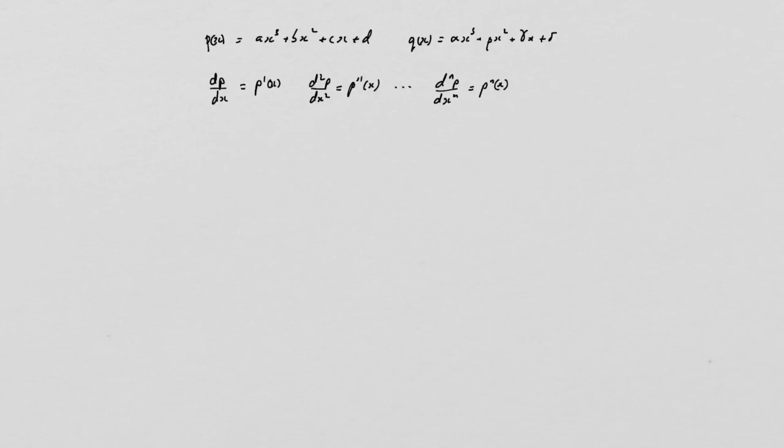This notation makes it nice and easy to say what the first derivative of a particular value is. So, for example, for p dashed of x, we might say p dashed of 2. What that means is what the value of dp by dx is when x is equal to 2.